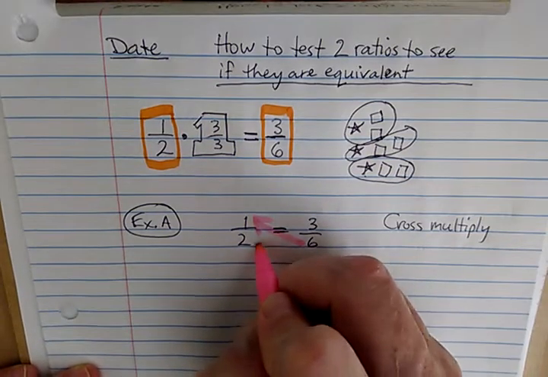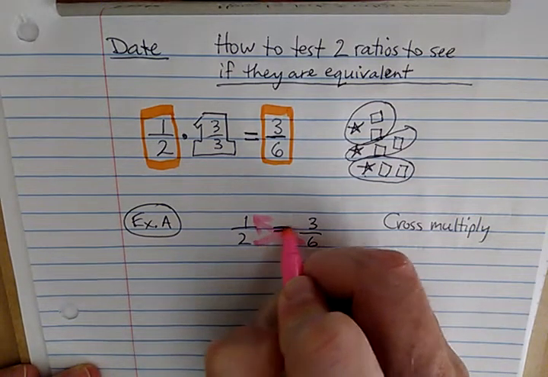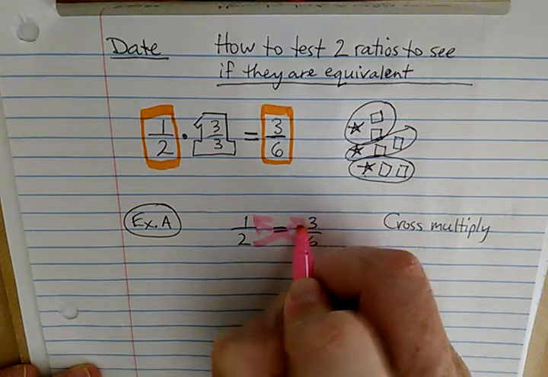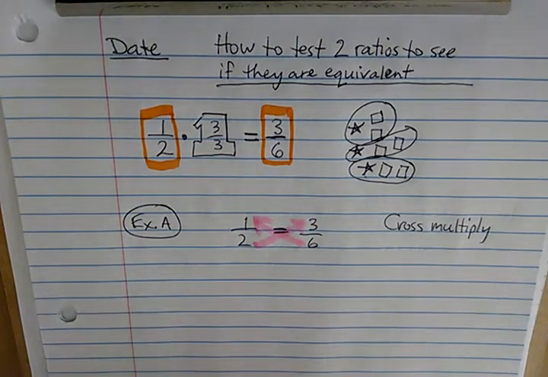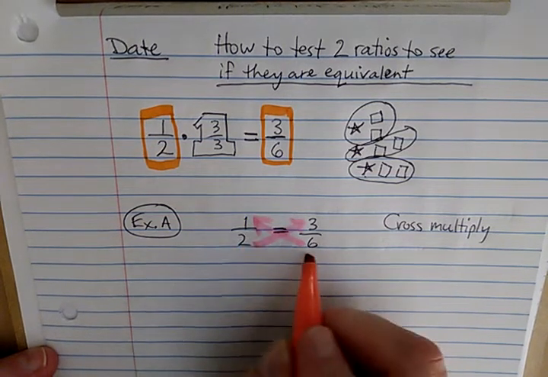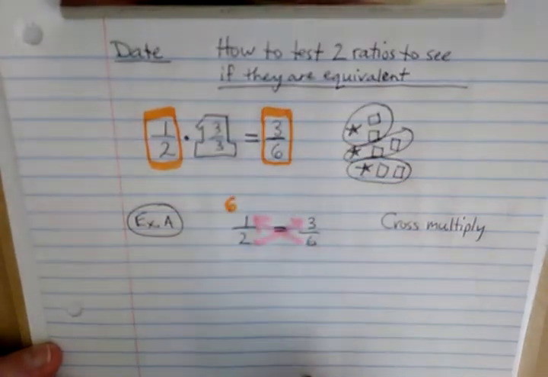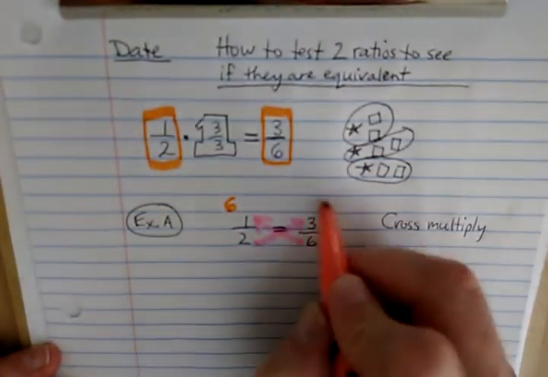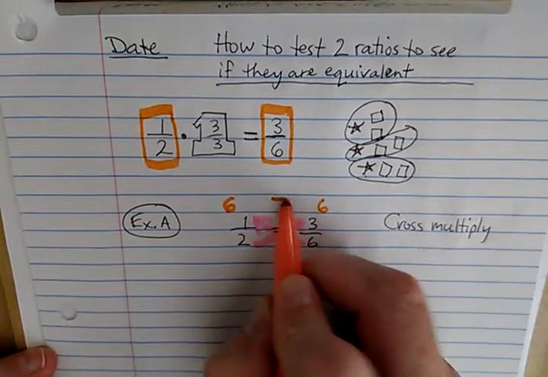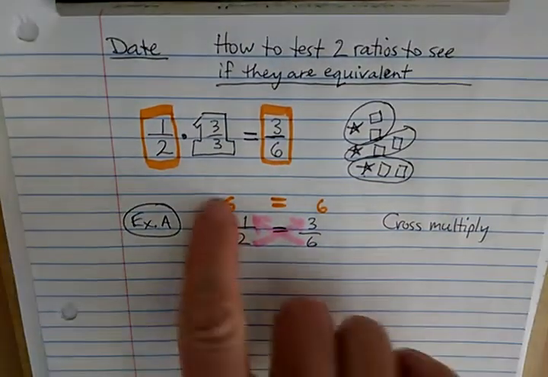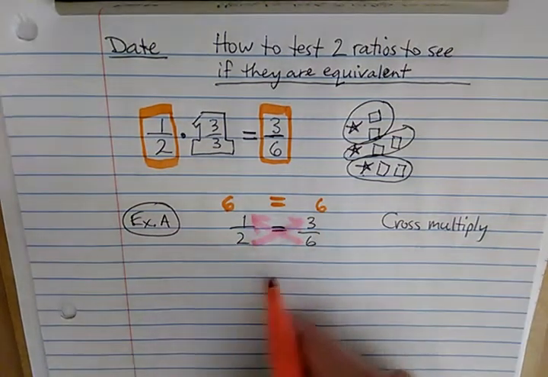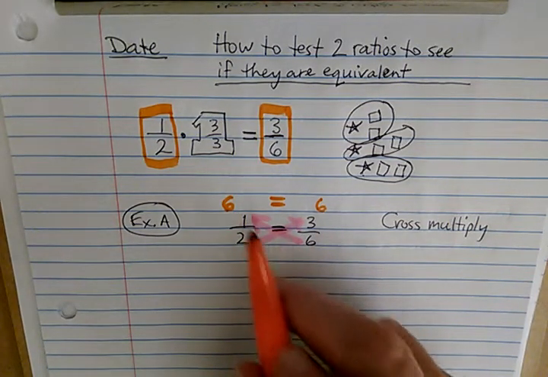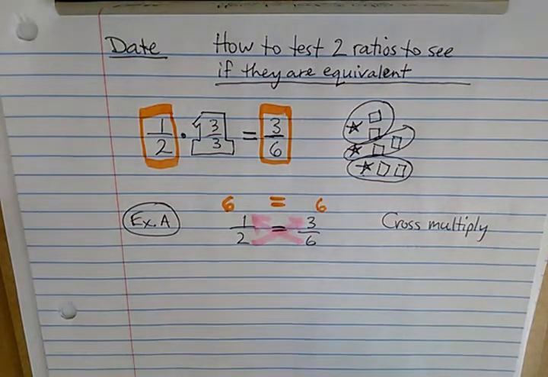And I do the same thing starting over on the left side, going up to the right, and multiply up that direction. And what we do is we multiply the two numbers together. So the 6 multiplies times the 1. 6 times 1 is 6. And 2 times 3 is 6. And since those are equal, since 6 equals 6, that tells us that the ratios are also equal. 1 to 2 is equal to 3 to 6.